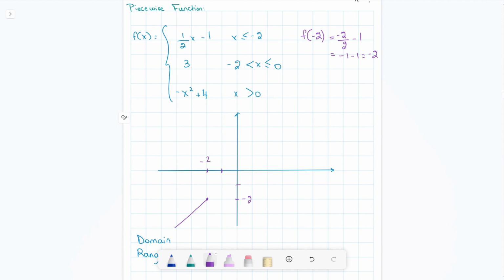Now, f of x equals 3 when negative 2 is less than x and x is less than or equal to 0.